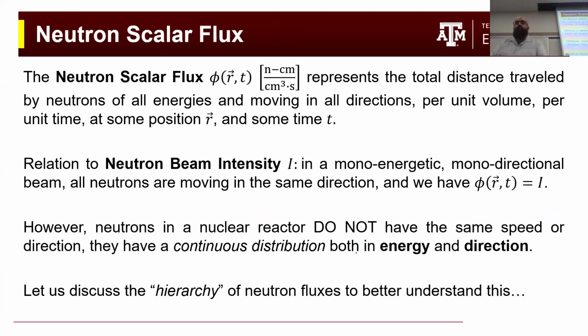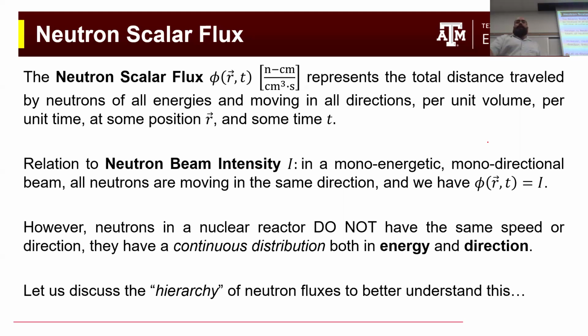So that is the scalar flux. It's going to be, in general, a function of the position and time, and it represents total distance traveled by the neutrons of all energies, moving in all directions, per unit volume per unit time.